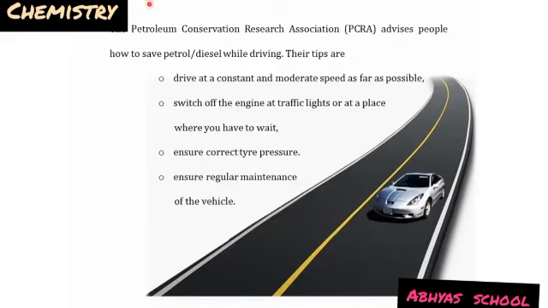So the Petroleum Conservation Research Association have given some preventive measures to save fuel like petrol and diesel while driving. The tips are: we should drive at a constant and moderate speed as far as possible. We should switch off the engine at traffic lights or at a place where we have to wait. We should ensure correct tire pressure, and we should ensure the regular maintenance of the vehicle. Thereby, we could save this fuel from exhausting.